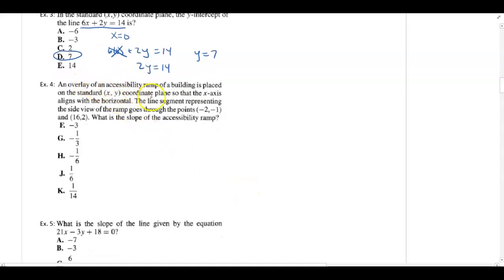Now, an overlay of an accessibility ramp of a building is placed on the standard coordinate plane so that the x-axis aligns with the horizontal, right? The line segment representing the side view of the ramp goes through the point -2, -1, and 16, 2.